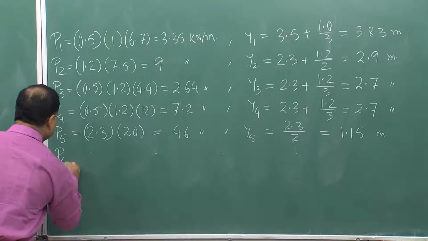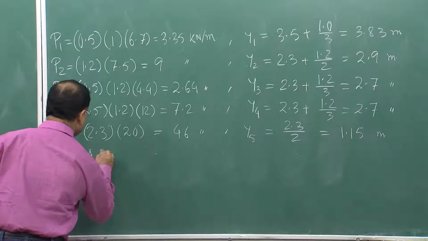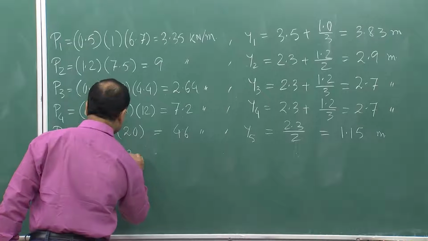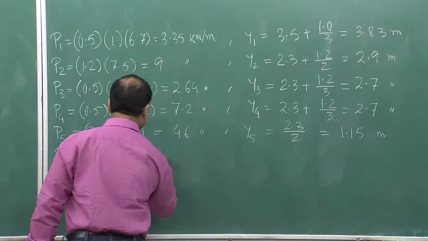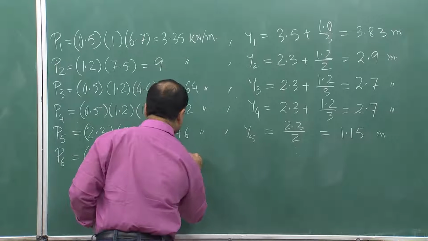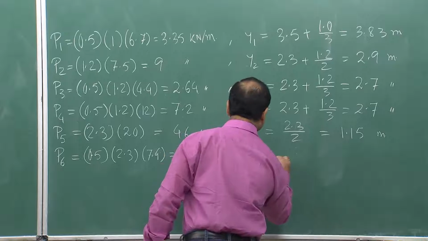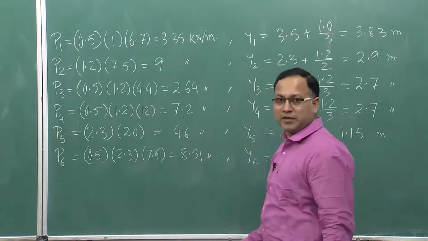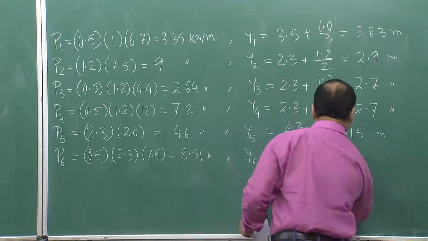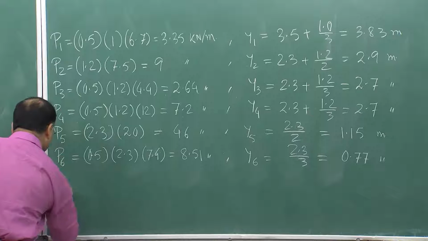Then P6, that is a triangular distribution. So, that is 0.5 into 2.3 into 7.4, which is equal to 8.51, and Y6 is 2.3 by 3, which is equal to 0.77 meter.